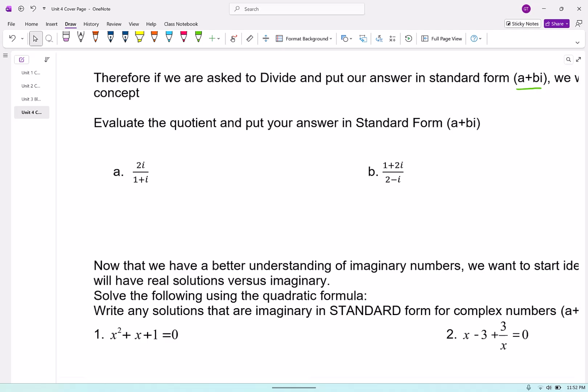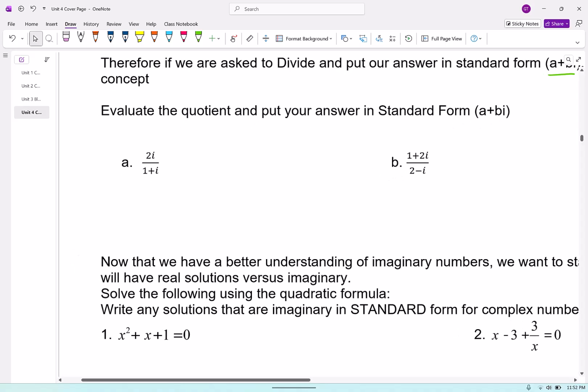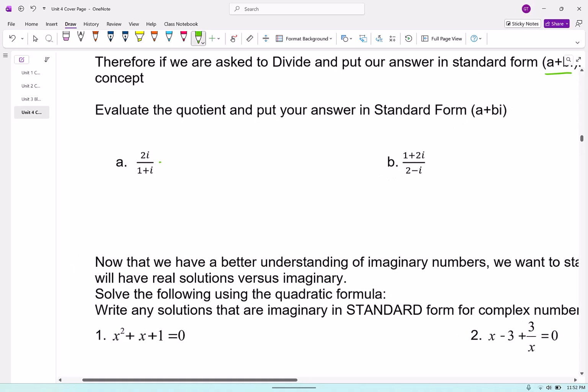I'm going to use the technique we just learned and multiply by the conjugate. Same terms, 1, now it's minus i, so 1 minus i, top and bottom. Then I multiply this out and I get 2i minus 2i squared, over 1 minus i squared.